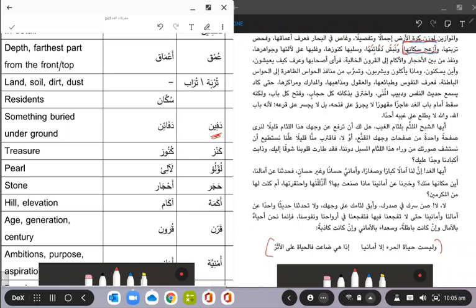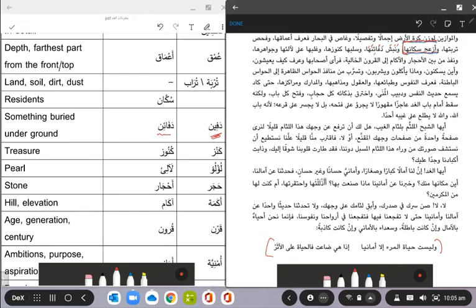Another word for it is madfoon, so dafin and madfoon have the same meaning. Dafa'in is just plural: things that are buried, or objects that are buried under the ground. We put a fatha on the noon because it's maf'ul bihi for nabasha.